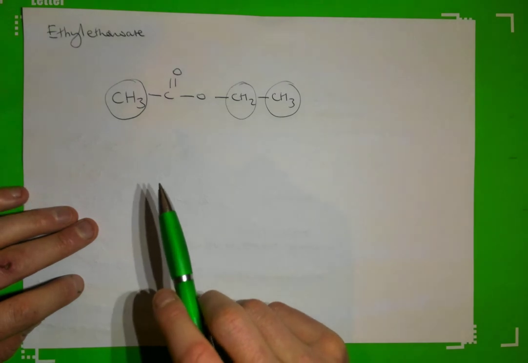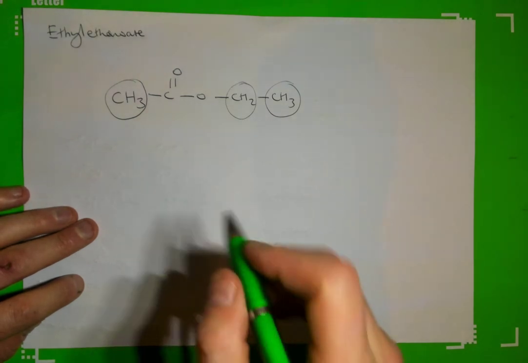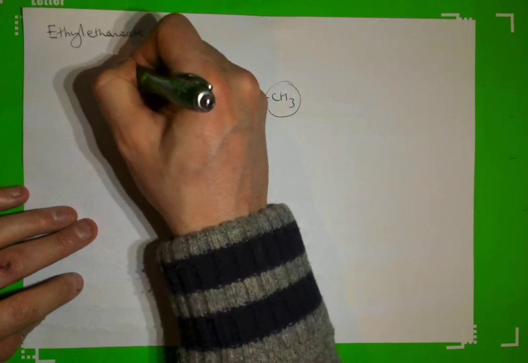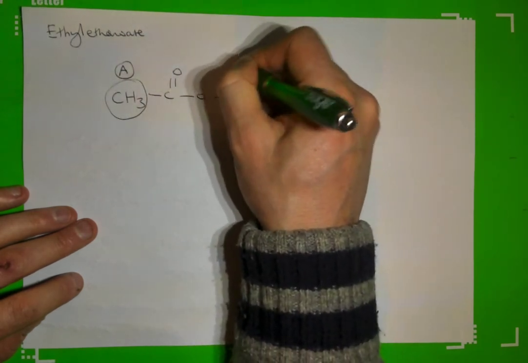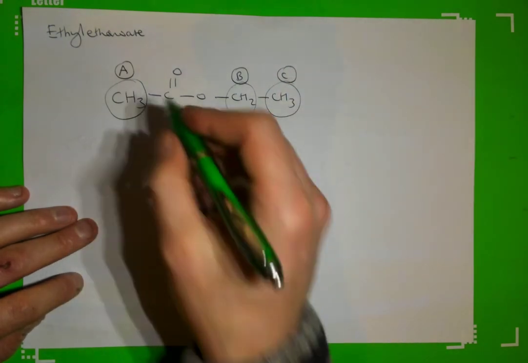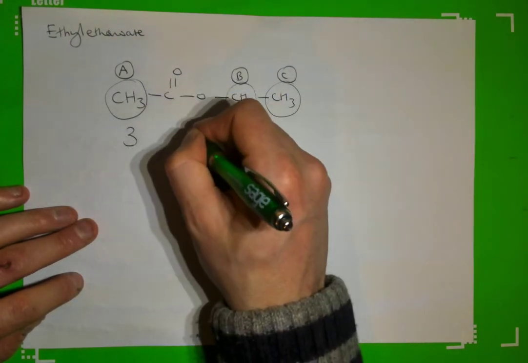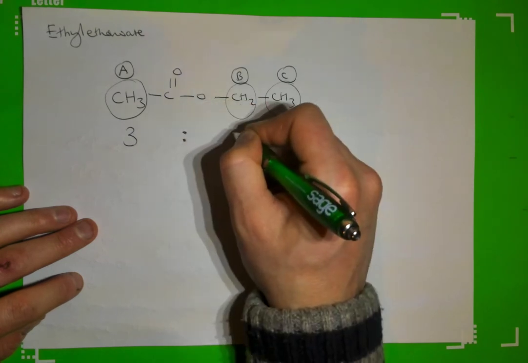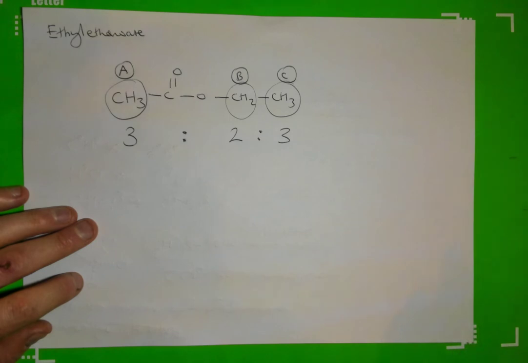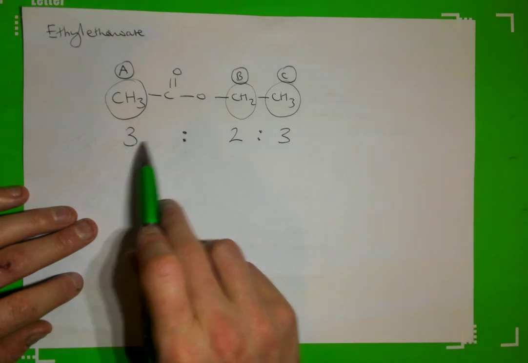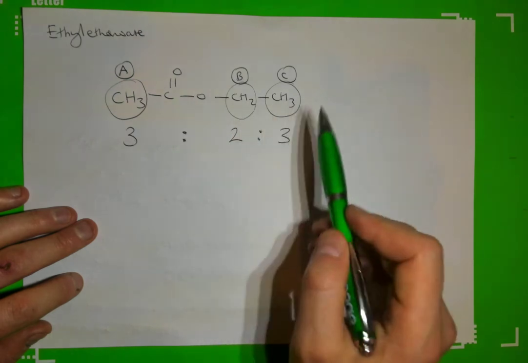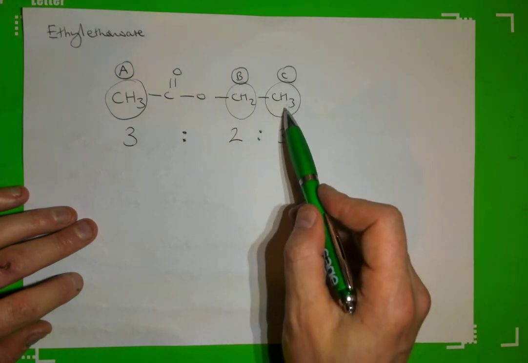Now let's have a look at the integration ratio. The integration ratio between these peaks, if we call this one peak A, that one peak B, and that one C, the integration ratio would be 3 to 2 to 3. So the area underneath the peak would be 3 to 2 to 3, because this one has 3 hydrogens, this one has 2, and this one has 3.